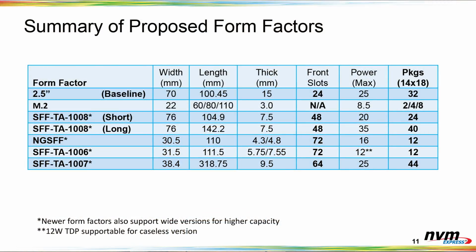So this is a table that I wanted to throw in that compares the different sizes and power and amount of flash you can put onto these various form factors. This is another informational slide that I wanted to throw in there. I don't want to go over this in detail.